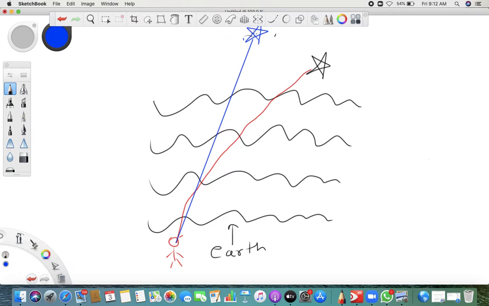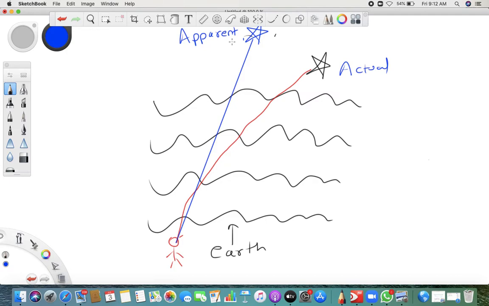So what do you call this place where you can see the star? Is it the actual position? No. This is the actual position, and this is the apparent position. Why can we see the star there? The reason is this thing.